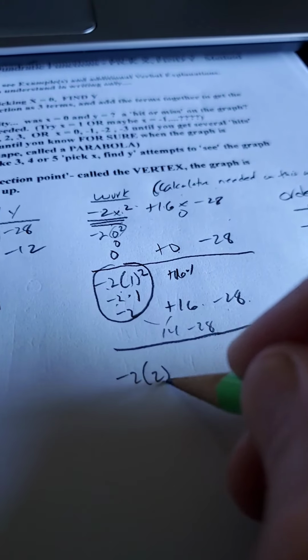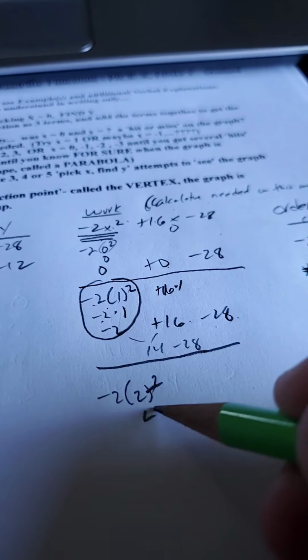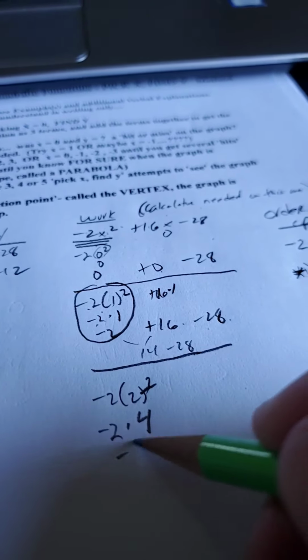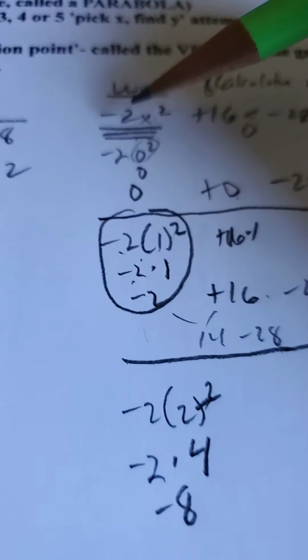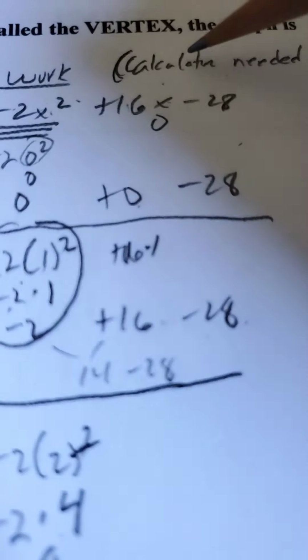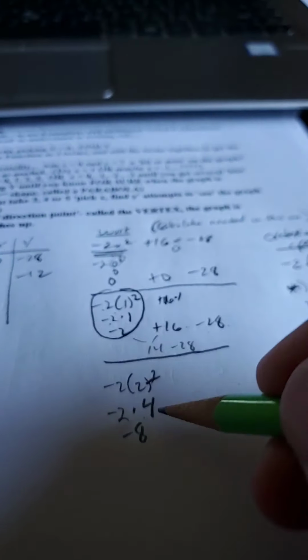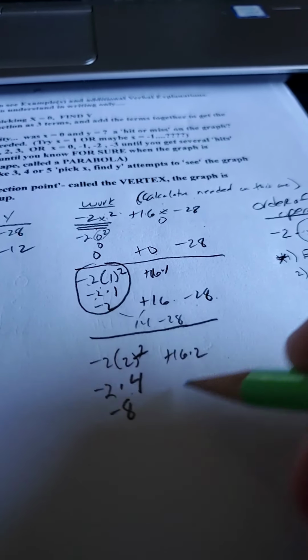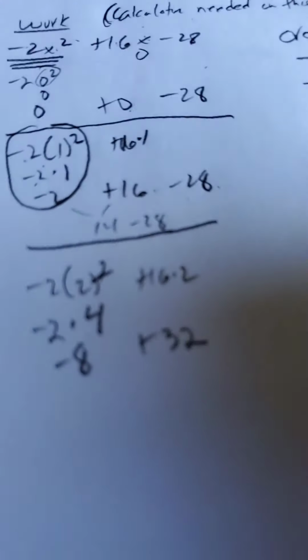Okay? Plug in 2. Put a 2 in for x. That's going to be negative 2 times 2 squared. Square first and get 4, then multiply and get negative 8. So the negative 2x squared term is negative 8. Now I'm plugging in a 2 right there. That's going to give me 16 times 2, or 32.